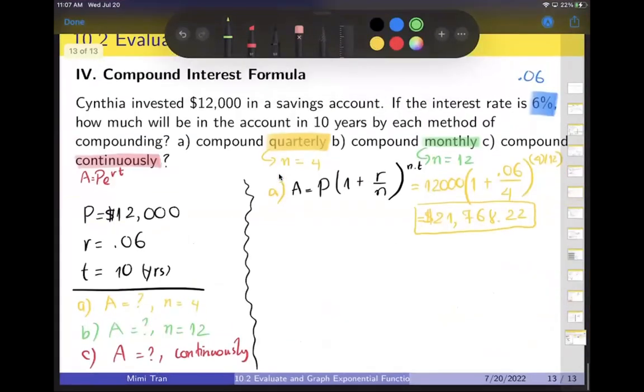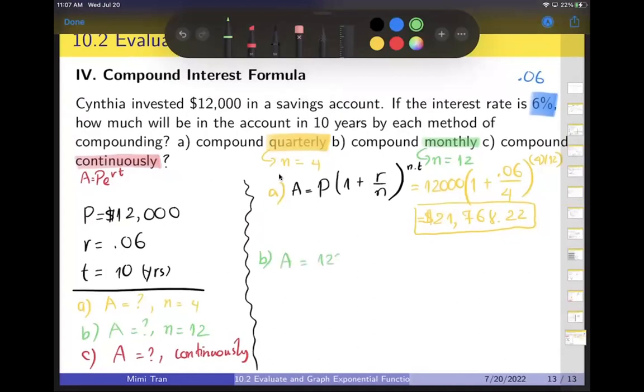Okay, so let's do B, or you can do it yourself. B is compounded monthly, so you still use the same formula. So now A equals 12,000 times 1 plus 0.06, same interest, but now compounded monthly, so 12 over N, times T, 12 times 10.